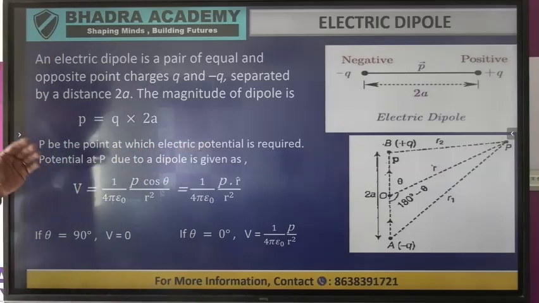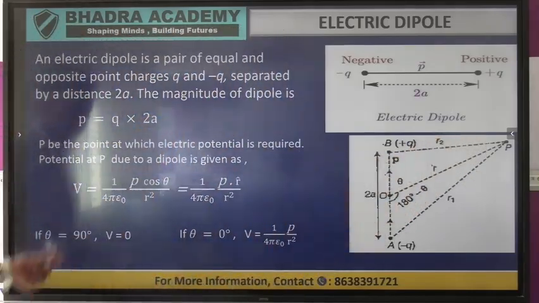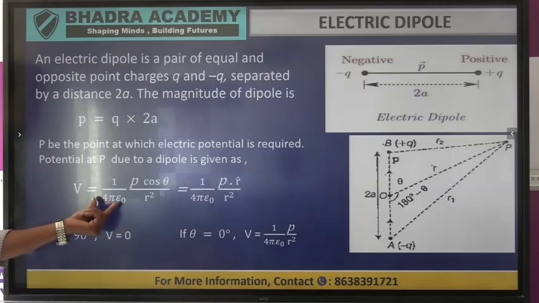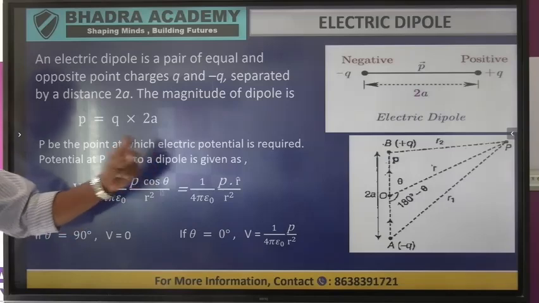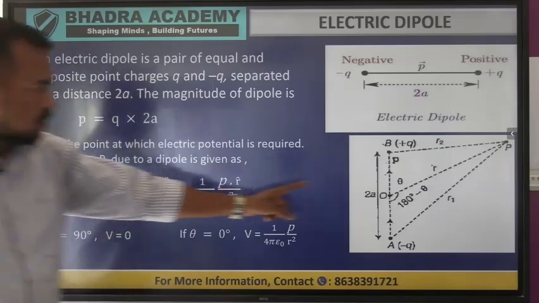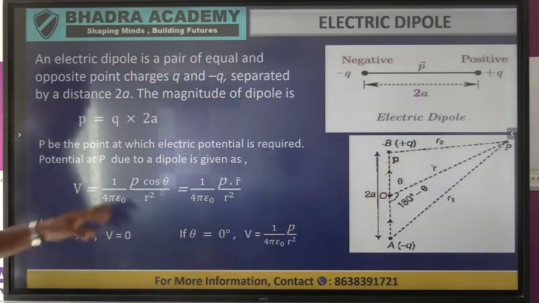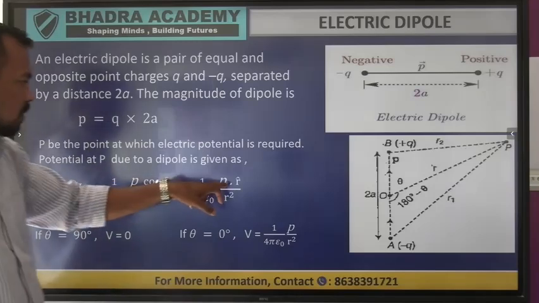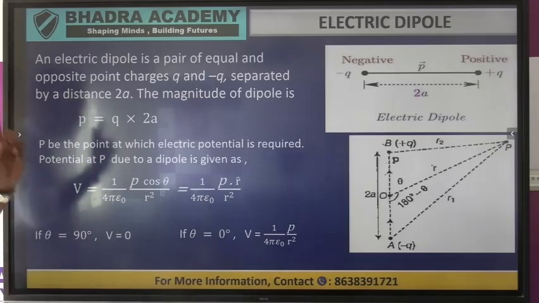Here the total electric potential V at P, because of the two charges, is given by the constant 1 by 4 pi epsilon naught times the dipole moment p and cosine theta, divided by the square of the distance r between the point P and the dipole. This can also be written using the unit vector r and the dipole moment vector. From here we have two situations.